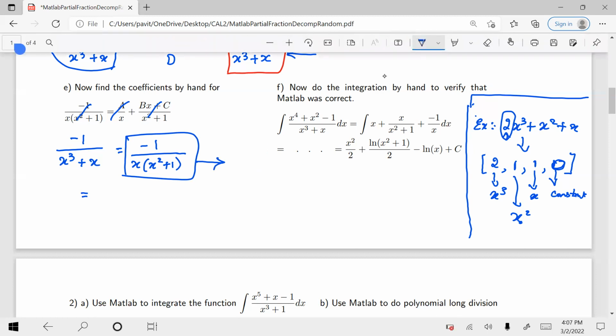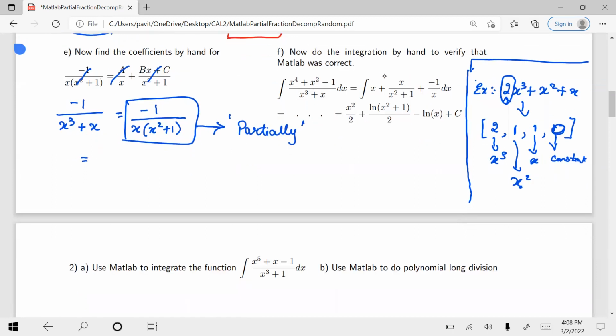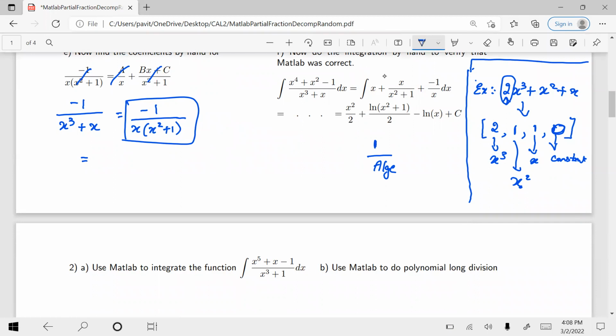When I say partial fractions, that means half fractions: I will have some number in the numerator and some algebraic terms in the denominator. Let's see how to write this in the form of fractions.